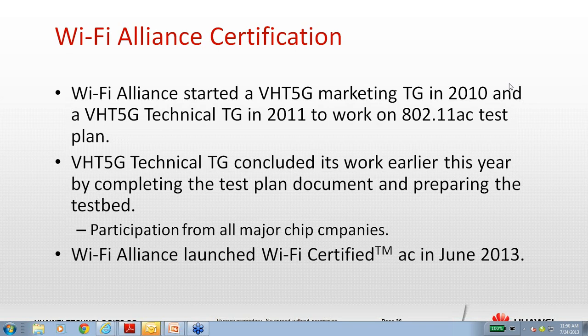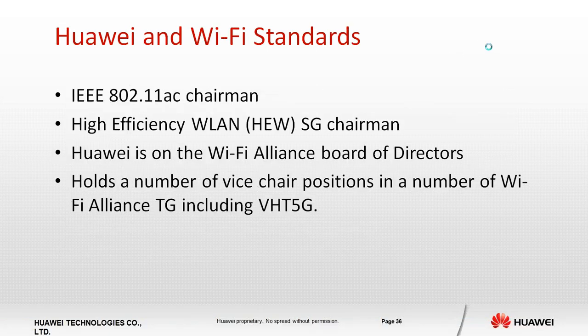So 11ac, as you see, is becoming a reality. And on the next slide, Huawei, of course, is in the middle of all these activities, and Huawei participates in both the IEEE 802.11 and the Wi-Fi Alliance. As Asia mentioned, Huawei holds the chairman for 802.11ac, as well as the newly formed study group, High Efficiency Wireless LAN.